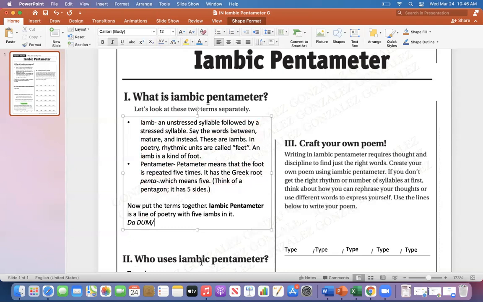Da dum, da dum. It doesn't mean that the word is "da dum." It's the way that it sounds, okay?